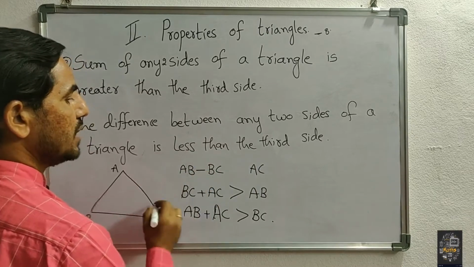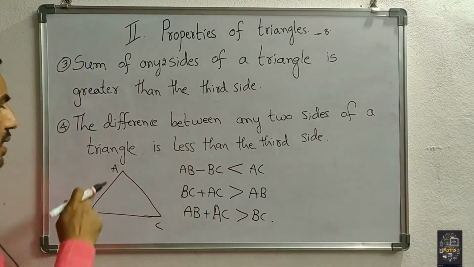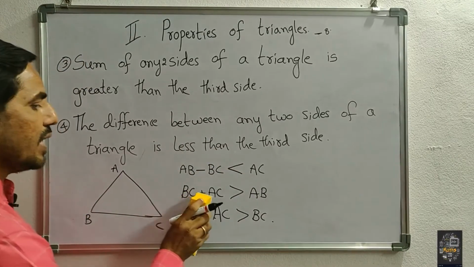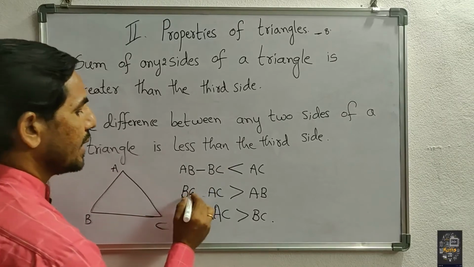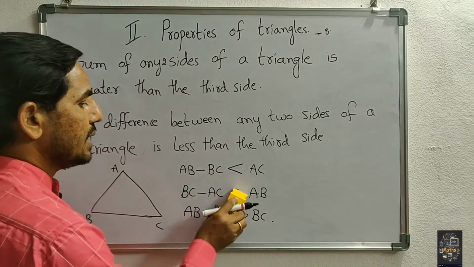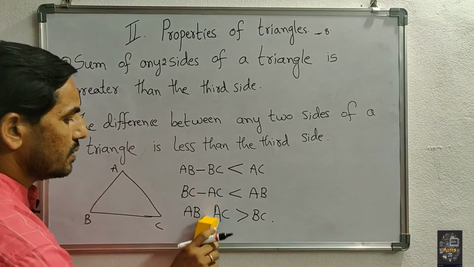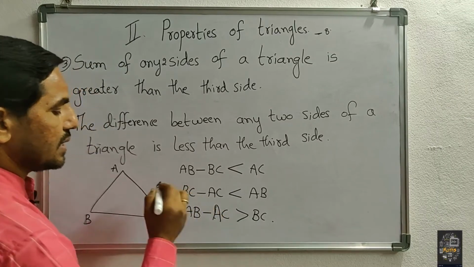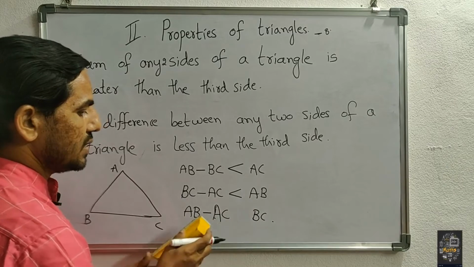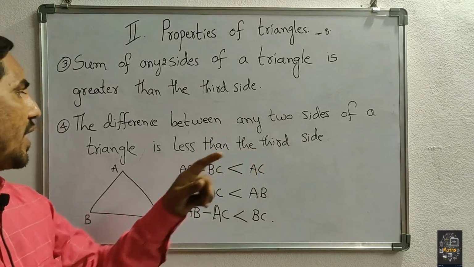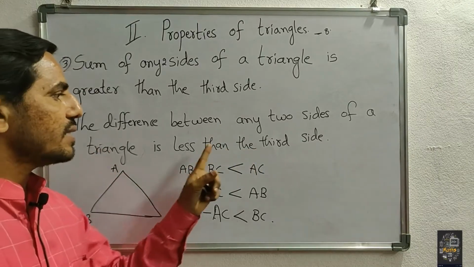AB minus BC is less than AC. And the second one, BC minus AC is less than AB. And the third one is AB minus AC is less than BC. Fourth one: the difference between any two sides of a triangle is less than the third side.